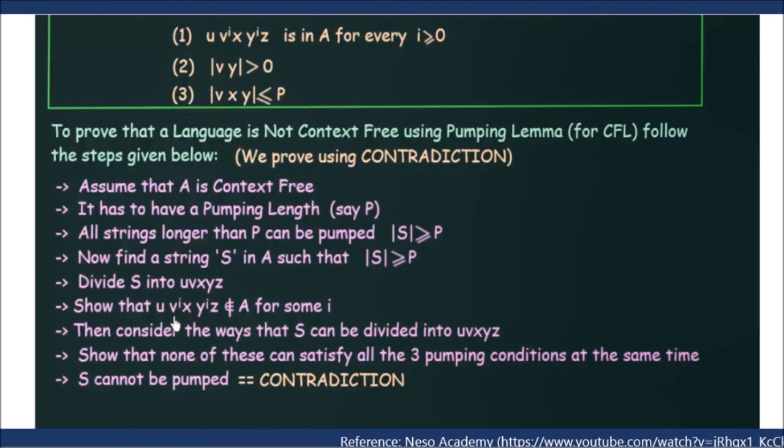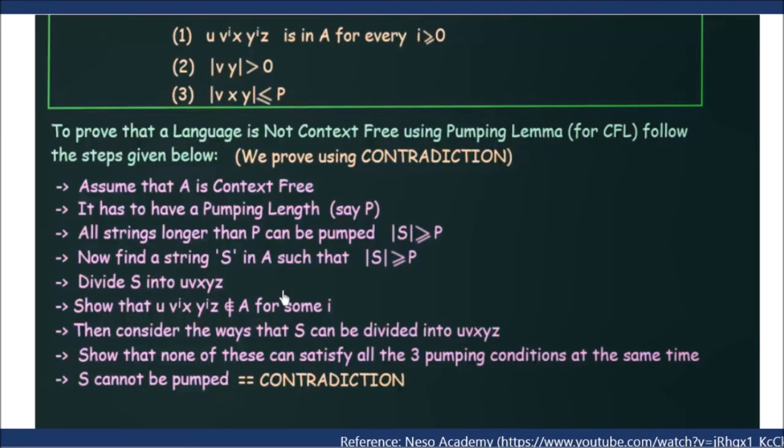Now we will show that if you raise the V part and the Y part to some power of I, that means you repeat the V part and the Y part I number of times, this new string that you obtain does not belong to the language A.